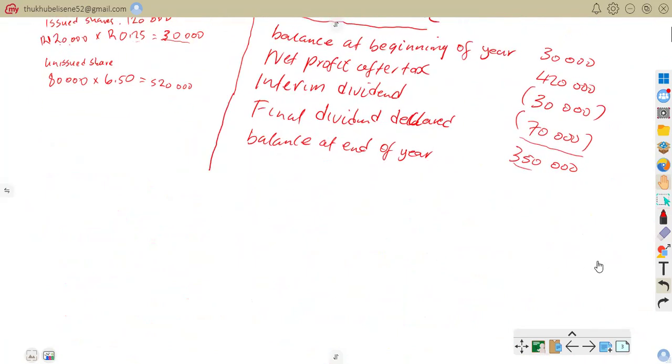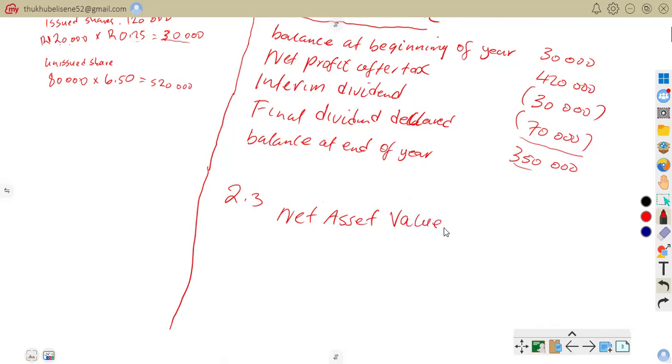We are asked to calculate the net asset value, that is NAV. So what we are going to do is calculate the net asset value, whereby we are going to look at the net assets.